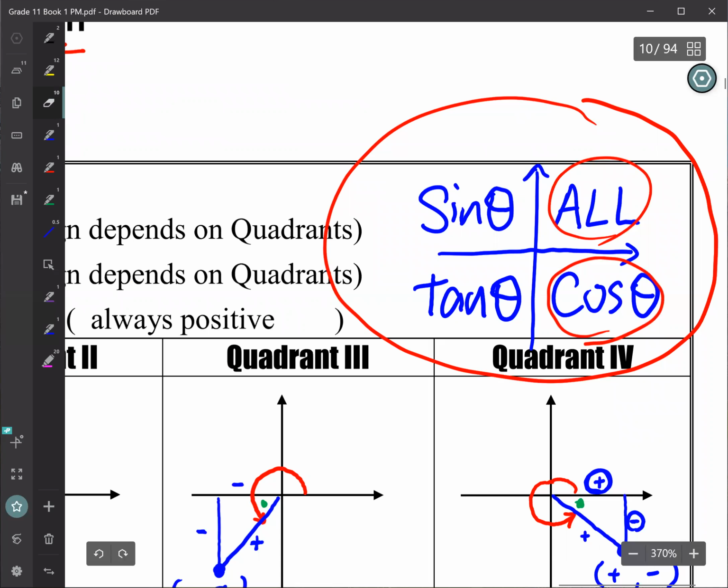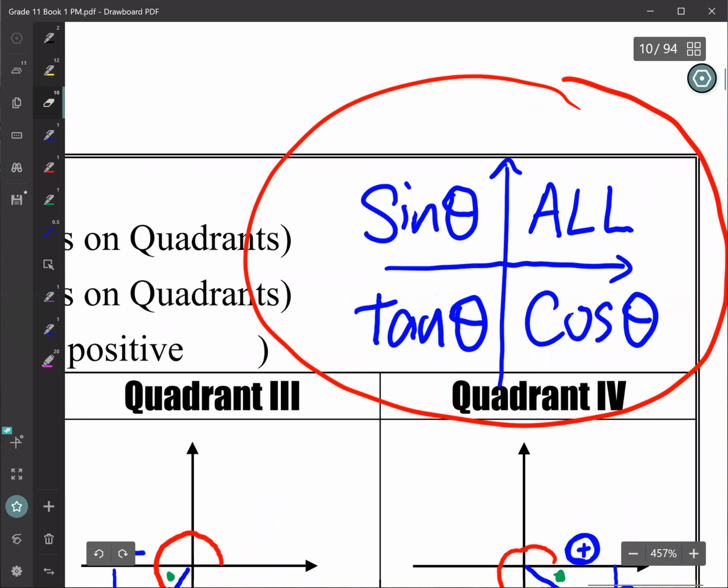Here I would like you to memorize the chart. The way you can remember is usually at school they will use the first letter of each word and make a phrase, okay? So you can say, All Students Take Calculus, right?